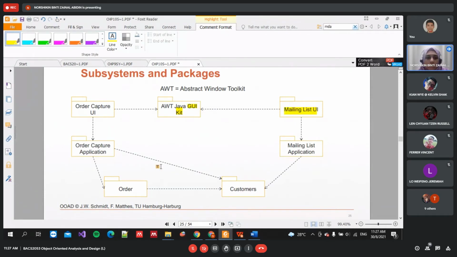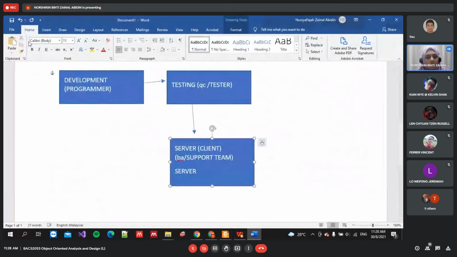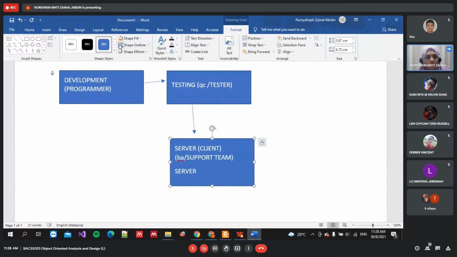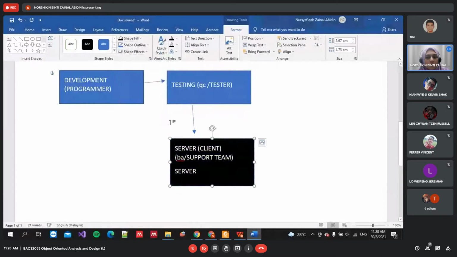Okay, this is the example of the relationship or association between the subsystem and the package. I want to highlight this because I think this mistake is too common, not only for students. This dotted arrow is not the same as this arrow.